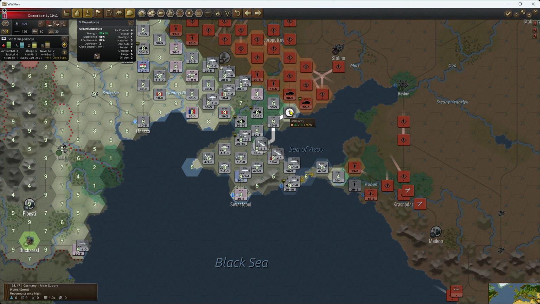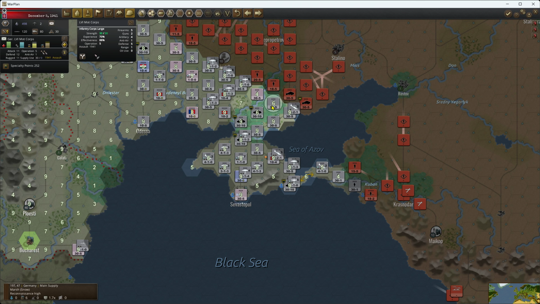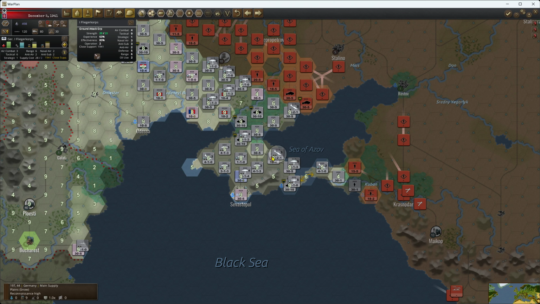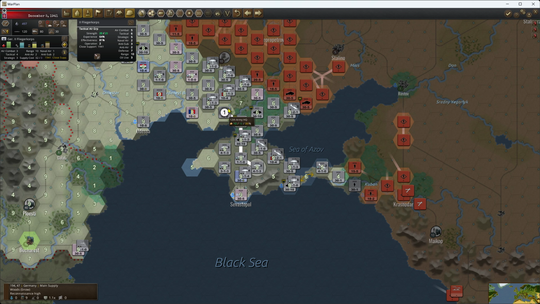I'll move my Stukas up there. They're good down here. Move them right up there. Move this guy up here.